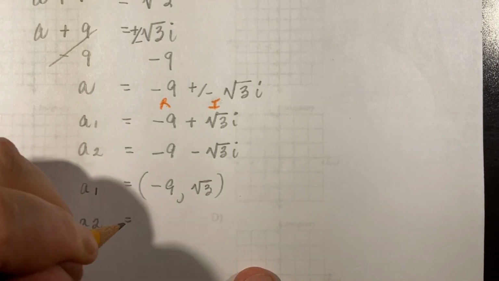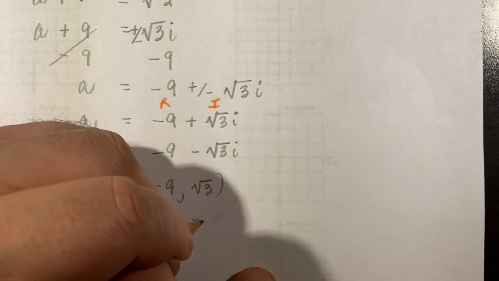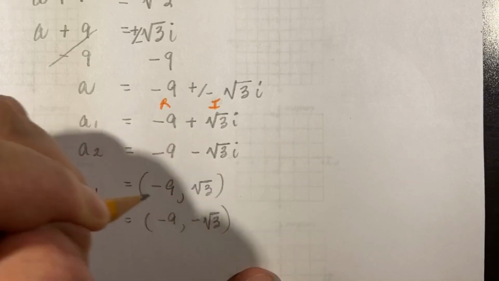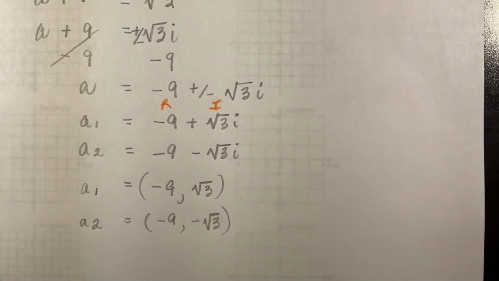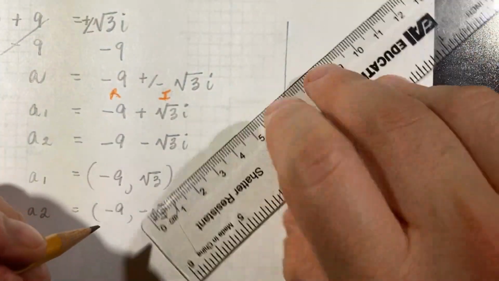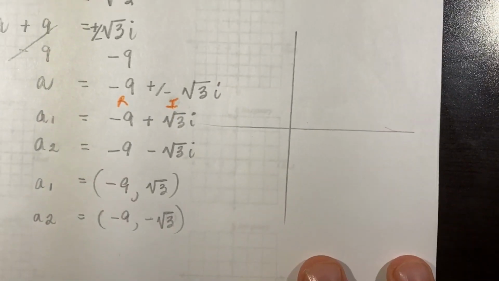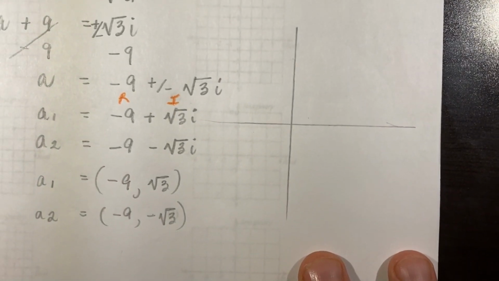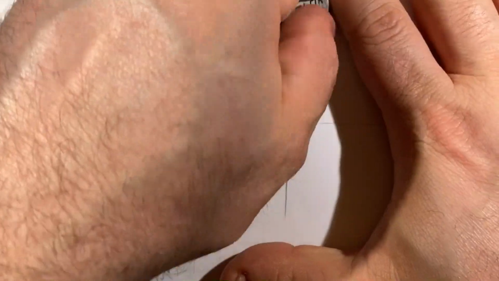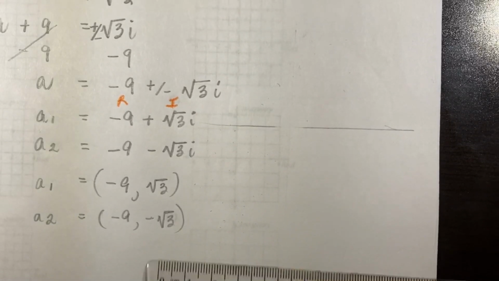A2 as complex coordinates would be negative 9 comma negative square root 3. Okay? So on a coordinate plane, the complex coordinate plane, where the horizontal is the real and the vertical is the imaginary, or non-real, or lateral numbers, whatever.